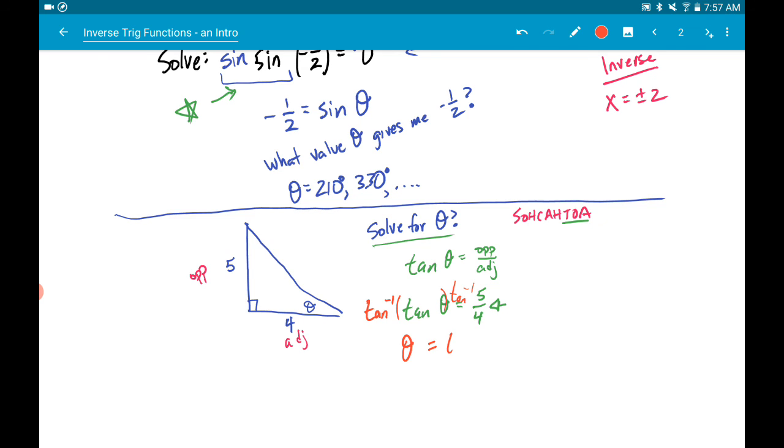But over here I have tangent inverse of 5/4. Unfortunately, I don't have a calculator nearby, but there's a button dedicated to it. Do tangent inverse button and then put in 5/4, and that will give you your answer, which is the angle that would be part of that triangle.